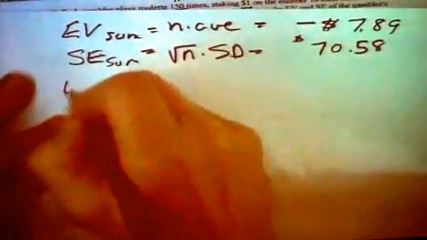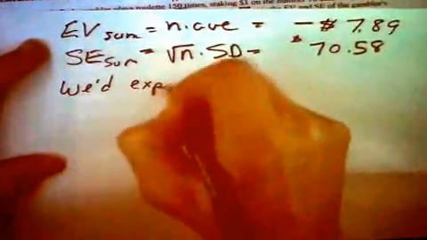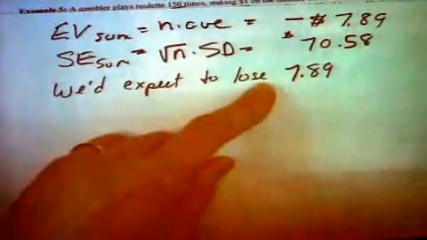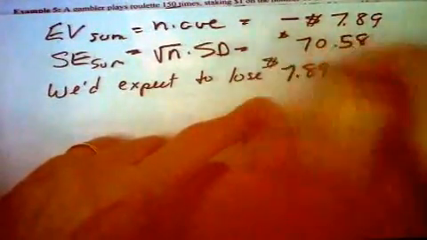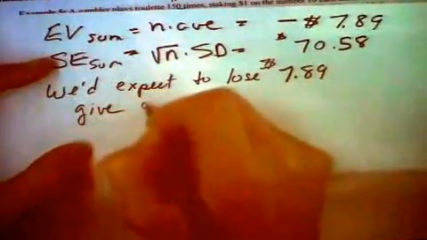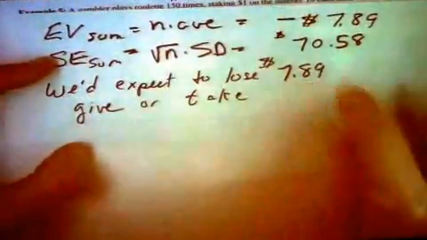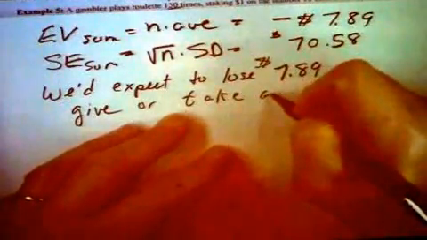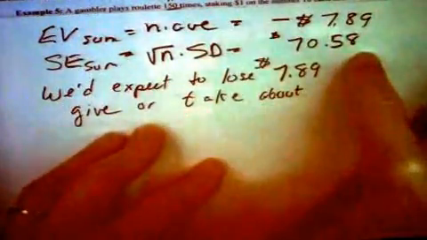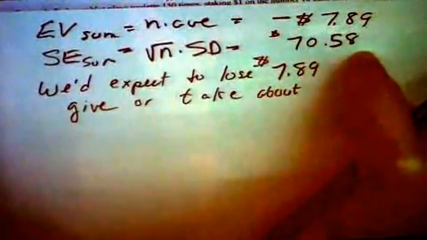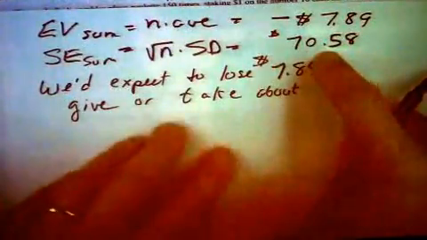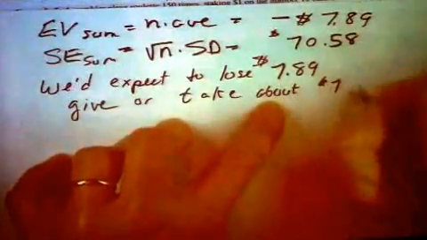In other words, we'd expect to lose $7.89, about $8, give or take about $70, 71. Sometimes it makes it more confusing to work these things out so exactly, because we're not talking about an exact thing. We're saying give or take about $70, but I'll write it the way we did it.